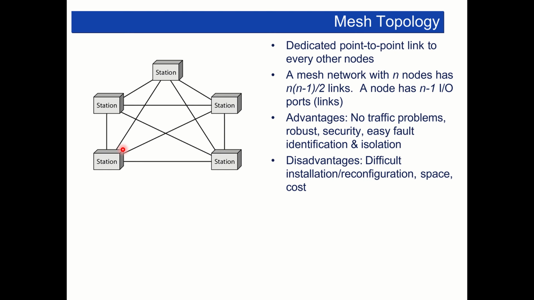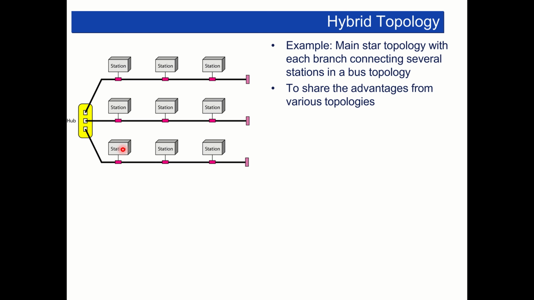However, the disadvantages are difficult installation, and also problems with space and cost. Then we have the hybrid topology, where the main star topology has each branch connecting several stations in a bus topology. This is to share the advantages of various topologies.